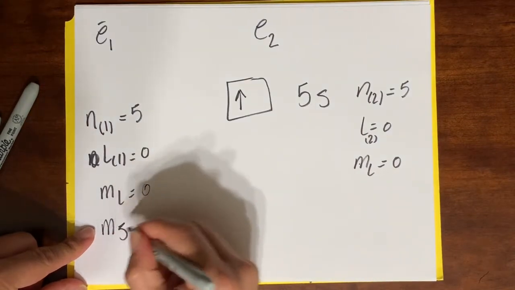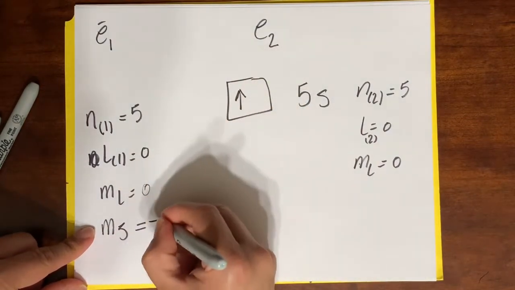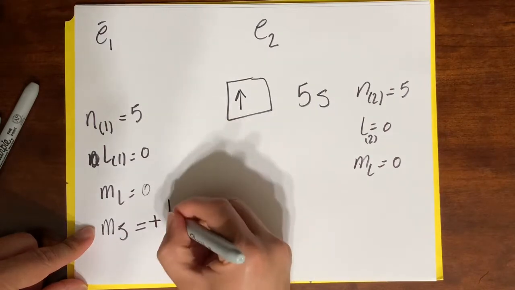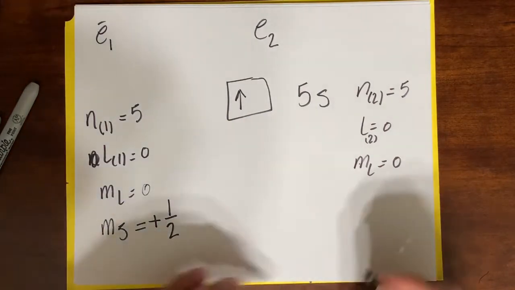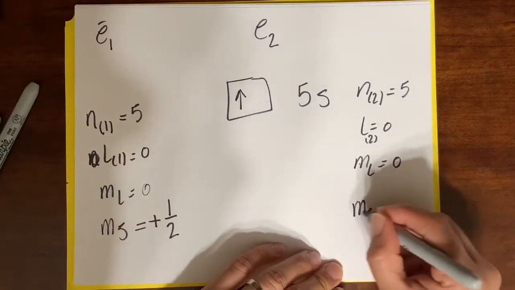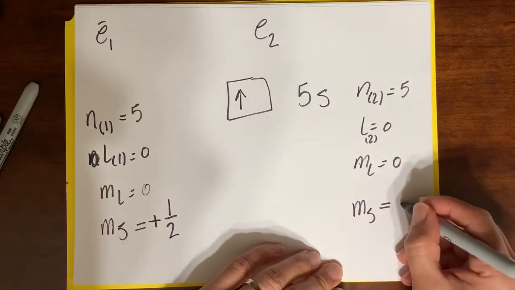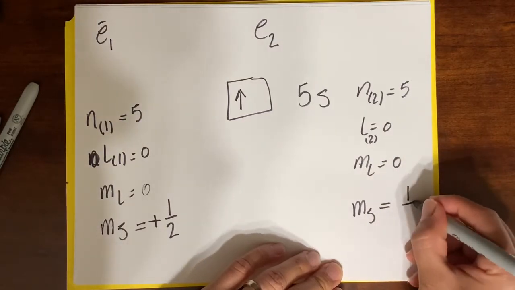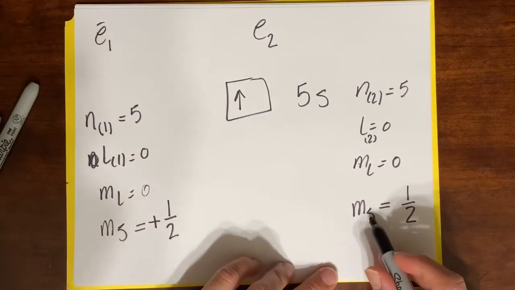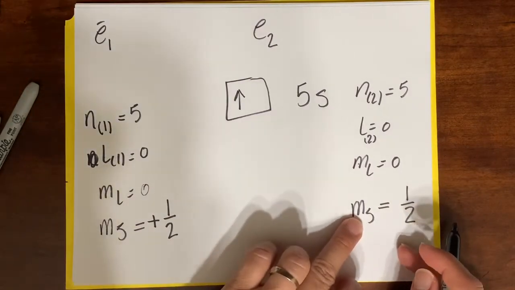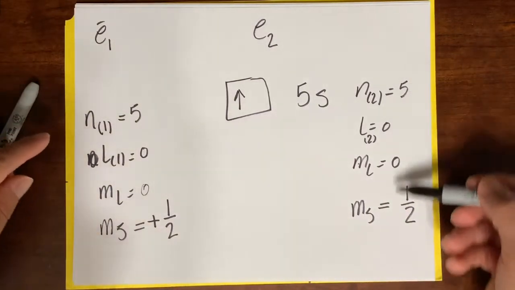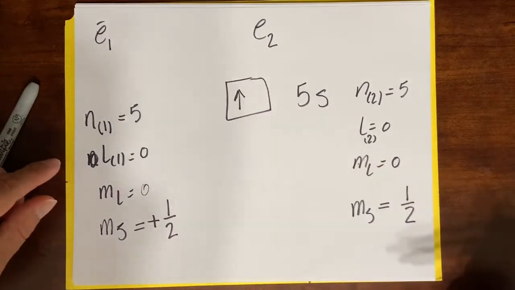Here, the fourth one is going to be the spin of the electron. For the one that is pointing up, ms will be plus half. For the second electron, he said you cannot use a plus for this one, because if you do, you will have 4 identical quantum numbers.